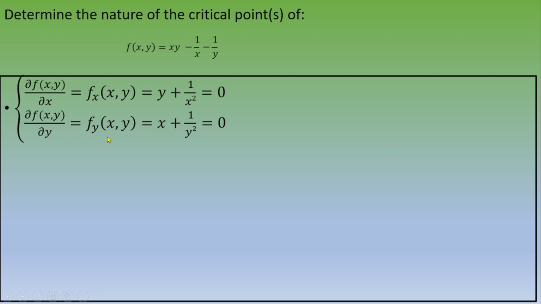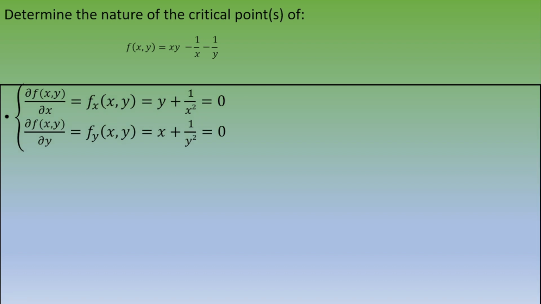Then the partial derivative with respect to y, this is x plus 1 over y squared, and this is equal to 0. So if you want to solve the system, one way to do that is to express an unknown as a function of another one. So let's say that y, this is negative 1 over x squared.